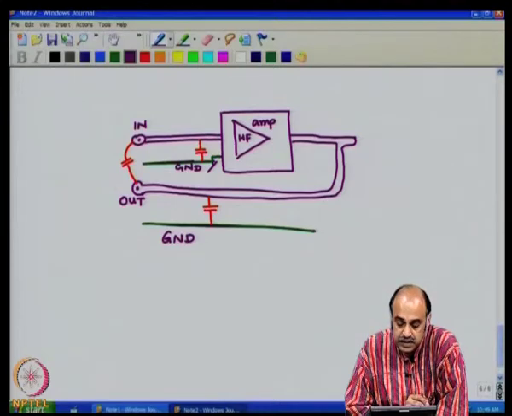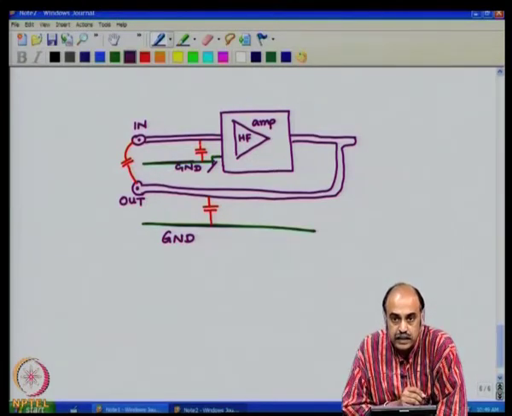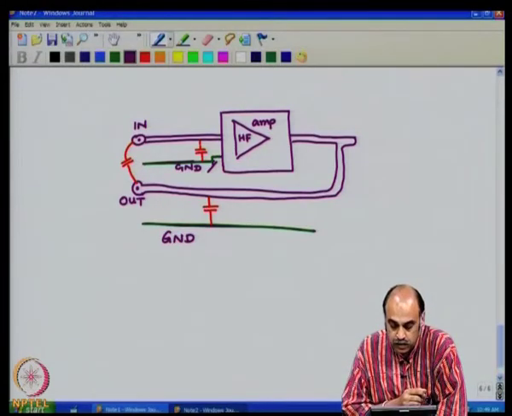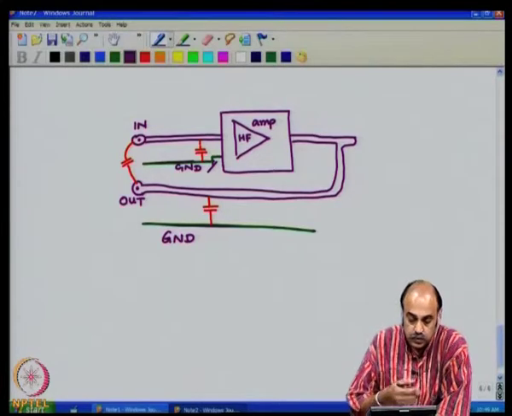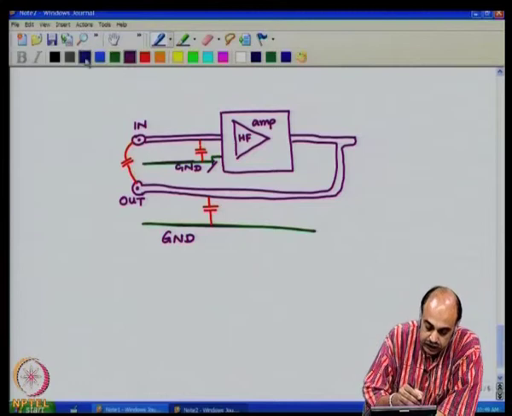Now, when a situation is like this, you consider the non-idealities. We have considered only two non-idealities till now, which we have discussed: the resistance and the capacitance. This also has inductive non-idealities, which we will come to later.